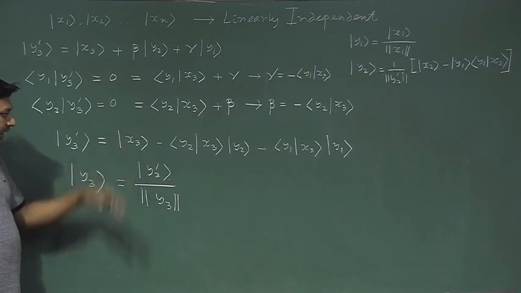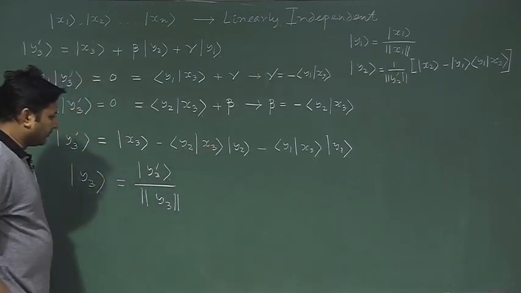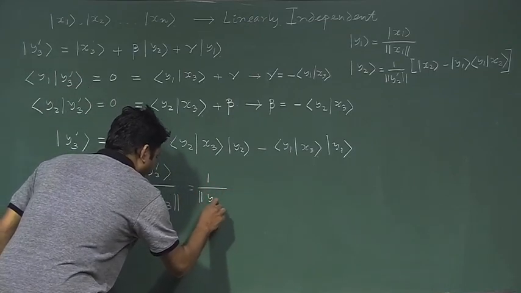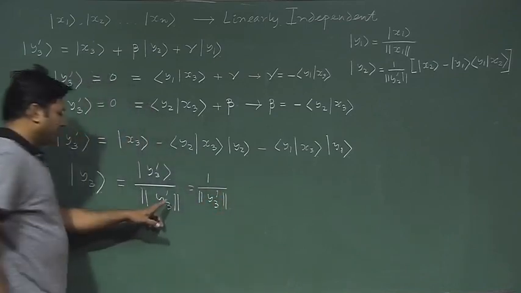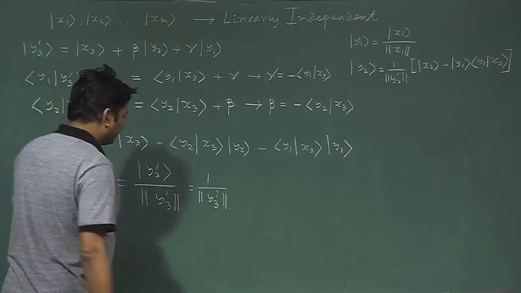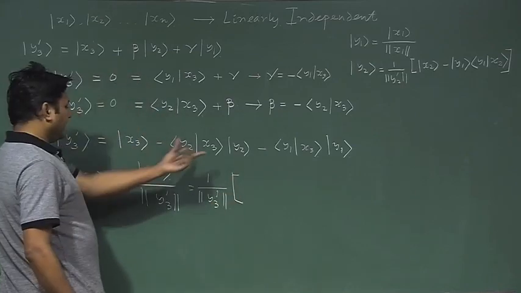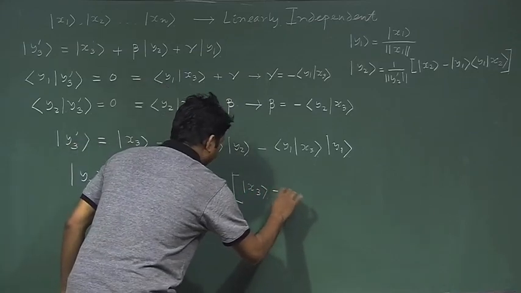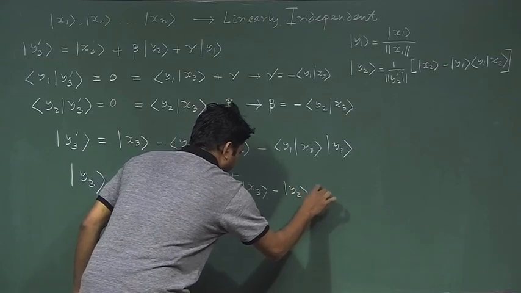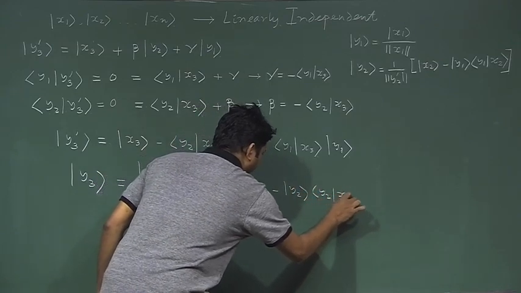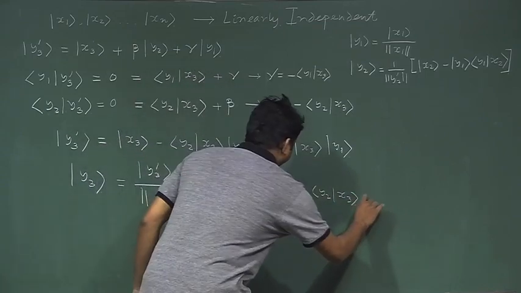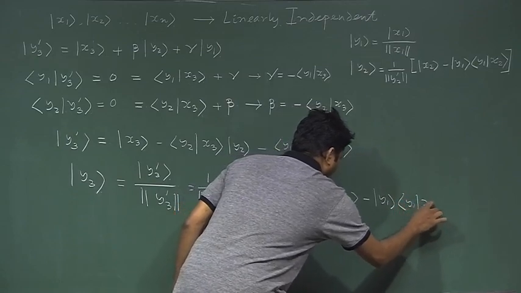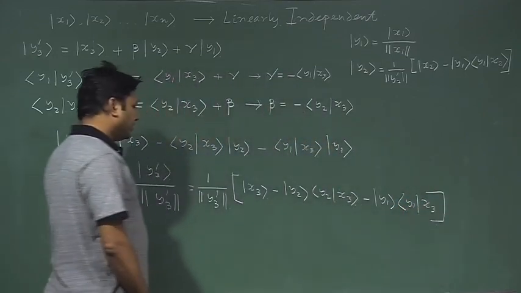In a similar way, I divide y3 prime by its norm, and then I write the entire thing again in a slightly different way. So, this is my total vector.